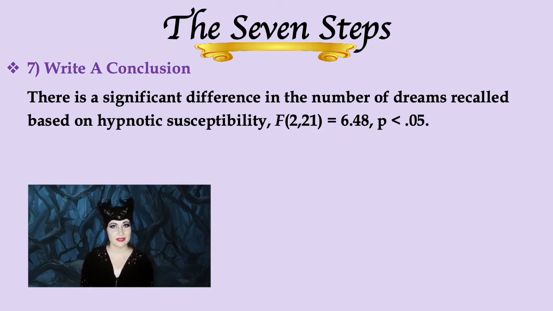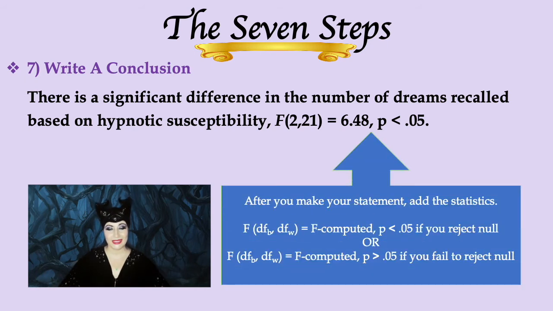on hypnotic susceptibility, comma. Now this will no longer be T, this will be F because this was an F test. In the parentheses, you will have to include degrees of freedom for between, comma, degrees of freedom within, equals your F computed value. After that, you will put another comma, and P will be less than 0.05 if you reject null, and P will be greater than 0.05 if you fail to reject null.